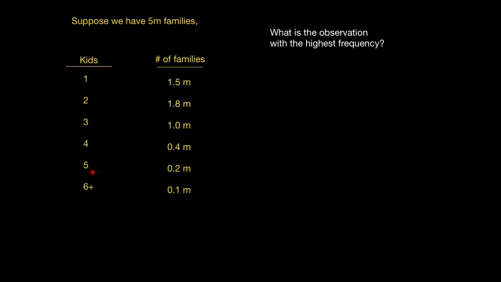Here, the mode would be 2 kids, because 2 kids is the number of kids which had the highest frequency. 1.8 million families had 2 kids. The mode would be 2, and now this measurement would be a good representative of the central tendency here, right? Here, most families had 2 kids.